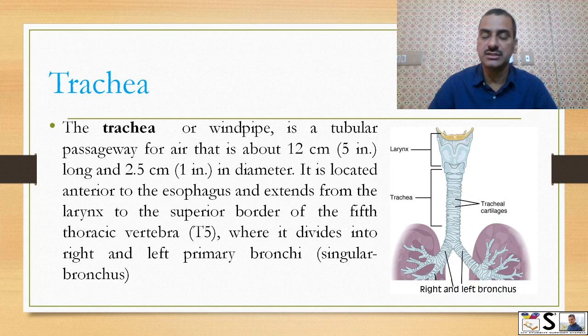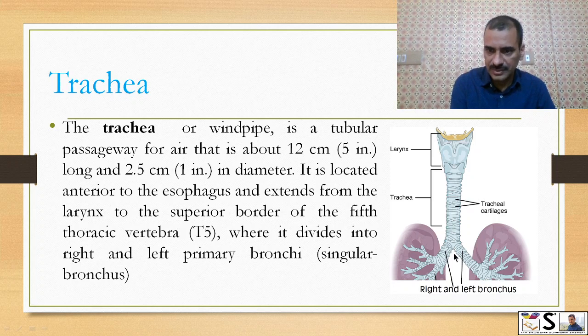We call it a bronchus if we want to say a single bronchus, and the plural is bronchi. So it starts from just after the larynx to the fifth thoracic vertebra before dividing. So this part is known as the trachea.